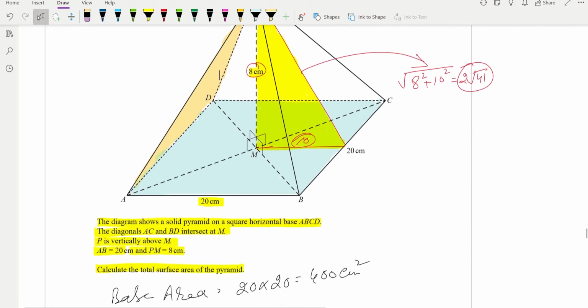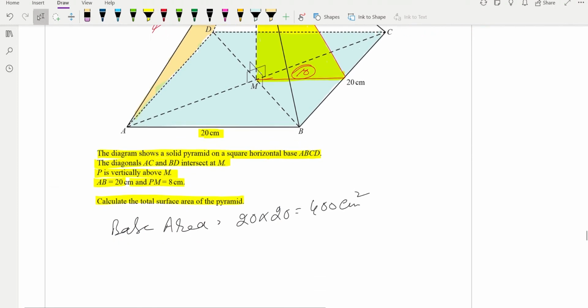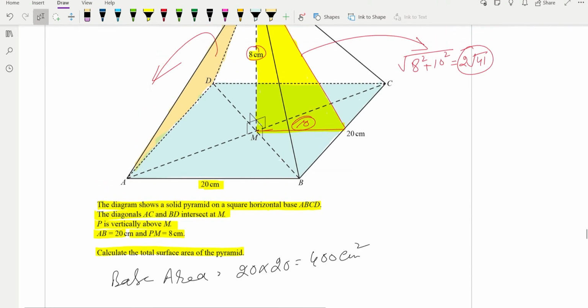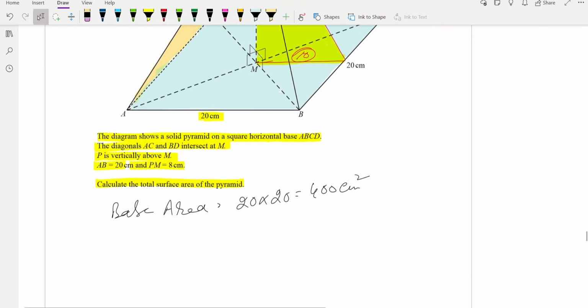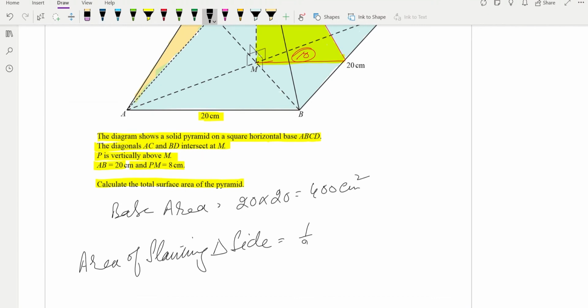Instead of writing over here, I will write in the working over here: area of slanting triangle side is equal to 1 by 2 into base into height.